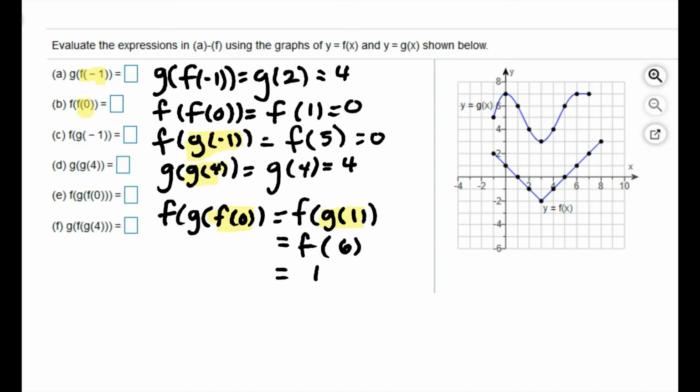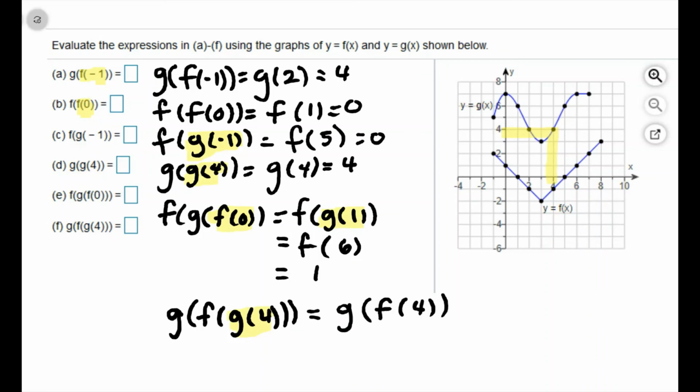Let's try the next one. The next one is g of f of g of 4. Starting on the inside, g of 4. So we have an x value of 4. We'll go up to the graph of g. We get a y value of 4. That's g of f of 4 now. Have an x value of 4.